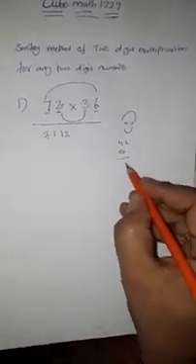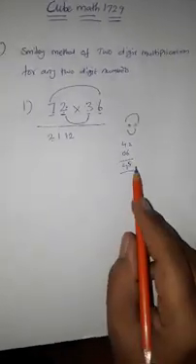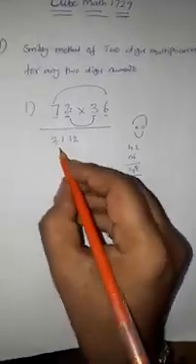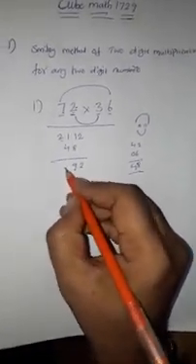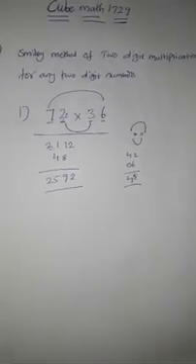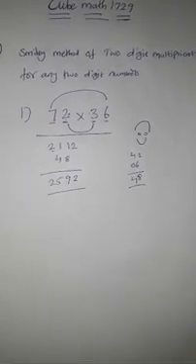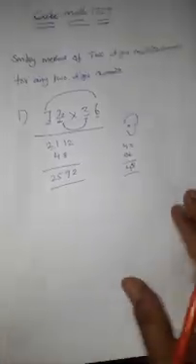So you have to add these two numbers, 48. This resultant part you have to take and put in the middle place. Now add together: 2, 9, 5, 2. So 2592 is the result of 72 into 36. Is it clear? If you keep on practicing, you will get the right solution.